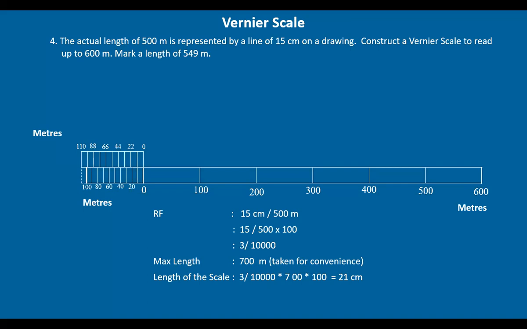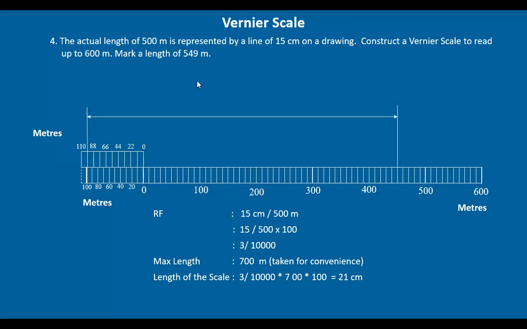Now, let us indicate a length of 549 meters. This 549, divide this also into small divisions. 549 means 0.99, right? We take 549 is divided into 0.99 plus 450. That is 549 meters. So like this we get it.